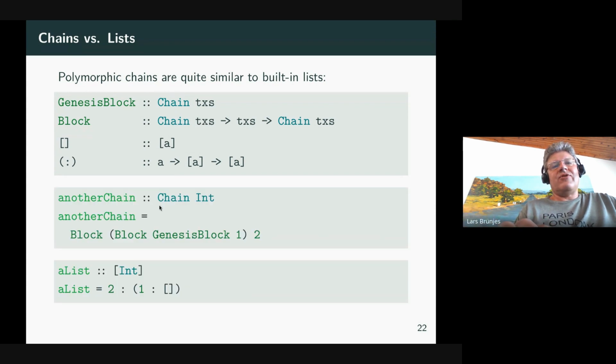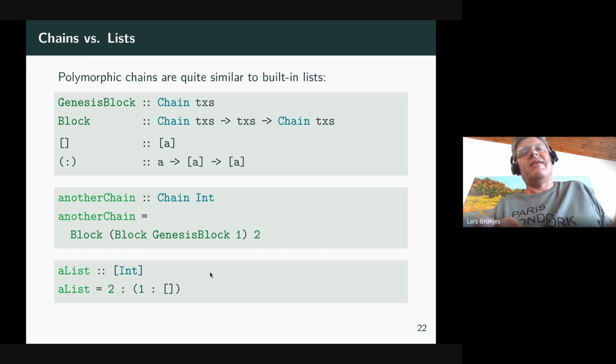So if we have a Chain Int defined like this, Genesis block, then the Block constructor taking a payload 1, and again applying the Block constructor with payload 2, this would correspond to a list of type Int: 2 cons 1 cons the empty list, which for historical reasons is also sometimes called nil.